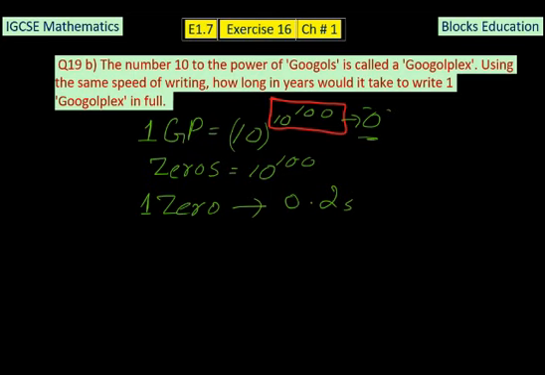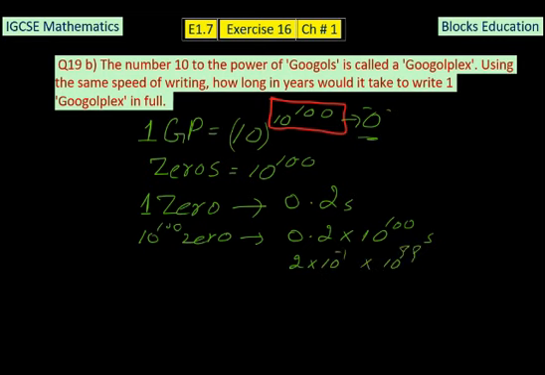So for 10 raised to power 100 zeros, simply multiply on that side as well, so it is 0.2 into 10 raised to power 100, this is in seconds. And 0.2 you can write as 2 into 10 raised to power minus 1, into 10 raised to power 100, so 100 minus 1 is 99, so 2 into 10 raised to power 99 seconds.